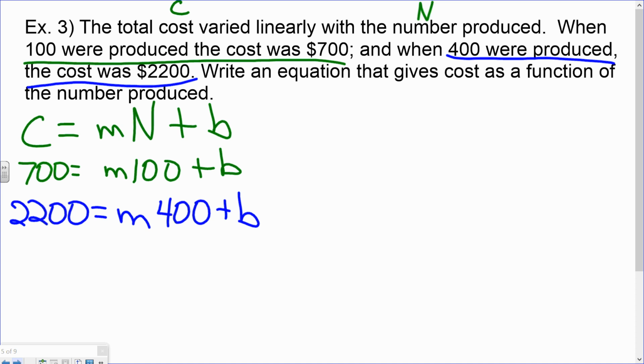Now, because these are linear variation, they're always going to end with plus b. So your easiest way is going to be elimination. Multiply one of those by -1 so the b's cancel out.